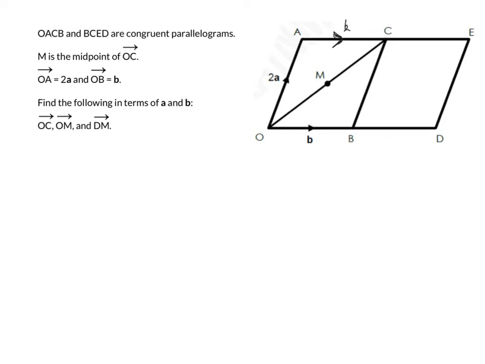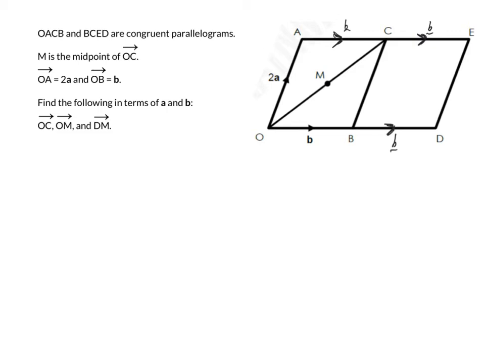Because the two parallelograms are congruent, going from B to D can also be represented by my vector B, and going from C to E can also be represented by that vector B.